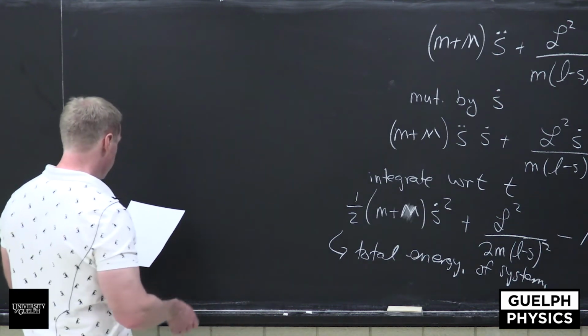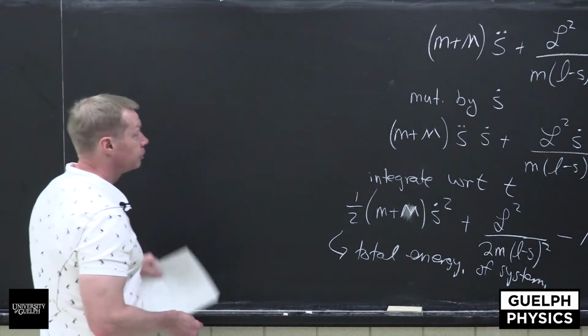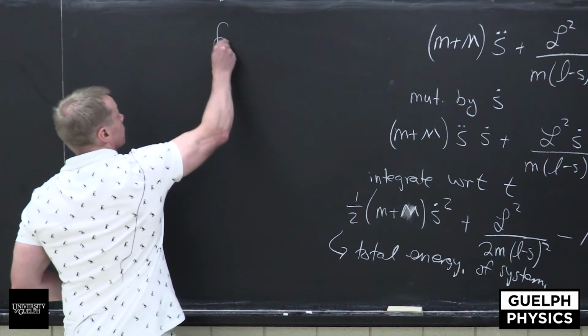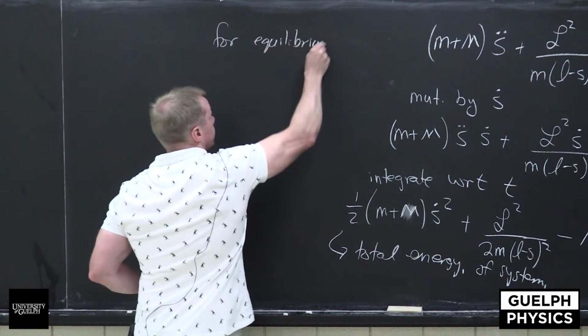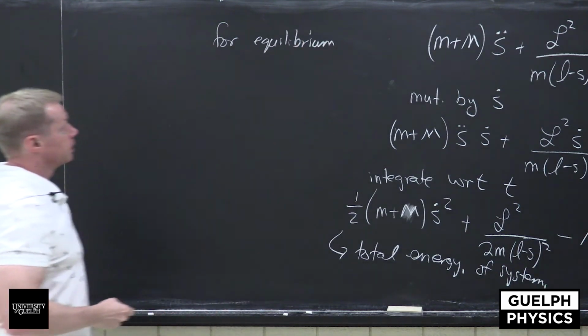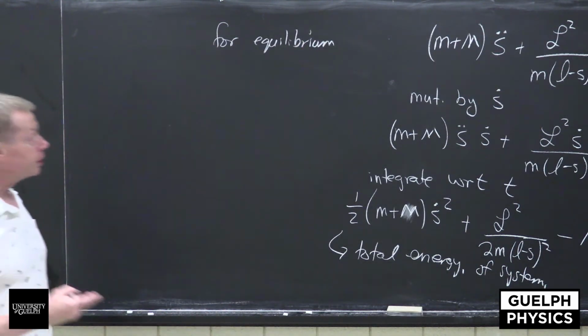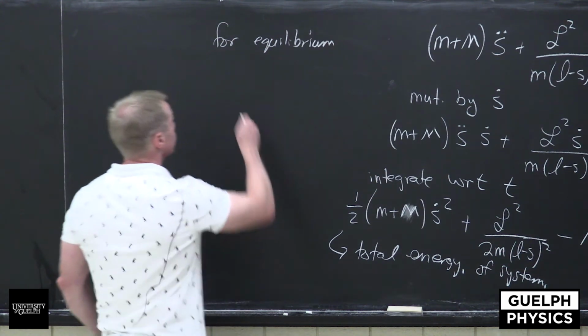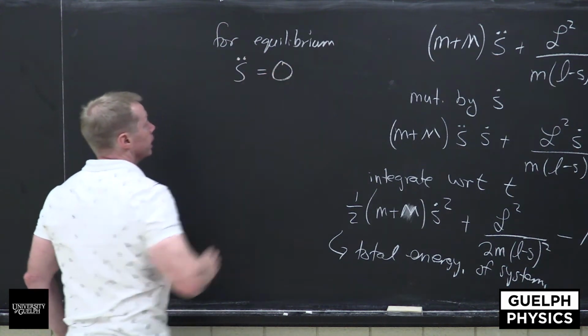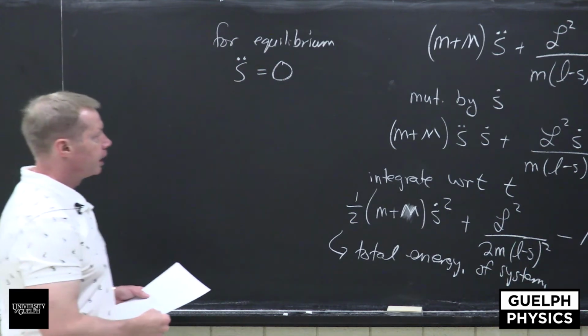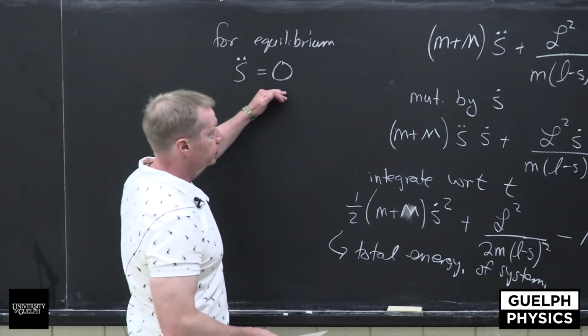So just one more step that we'll do. If we were asked to find where the equilibrium point would be, just to refresh your memory, at equilibrium, s double dot is equal to 0.